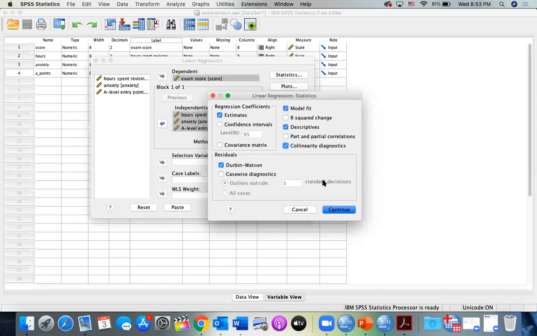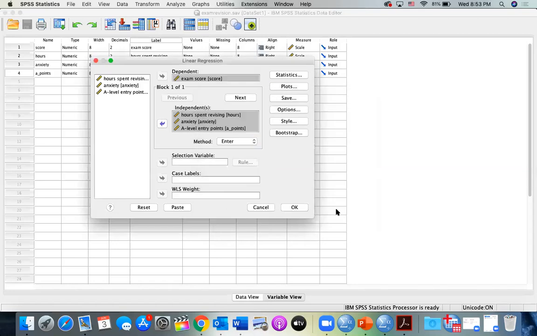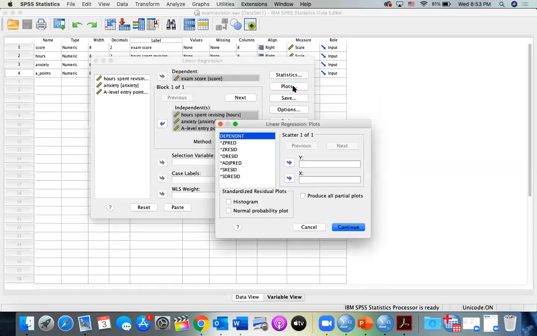Great, I'm getting yeses. So let's go, just hit on continue and then move to the second button, which is the plots. In plots, we want to assess the normality assumption through histograms, a normal probability plot, and we want to also assess the homoscedasticity assumption.